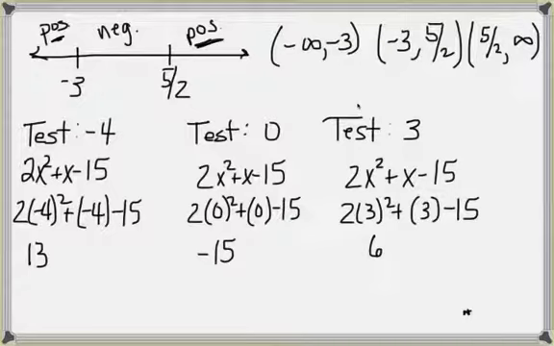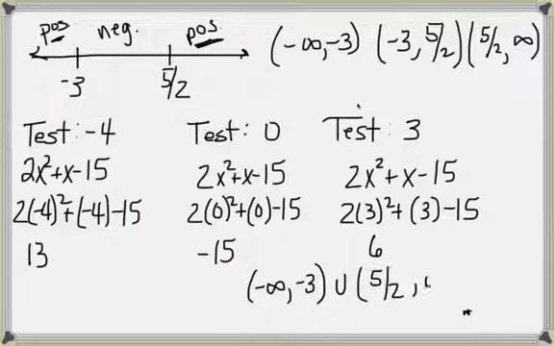So these are the intervals that I want to choose to be my solutions to this inequality. So we're going to write our solution in interval notation. It's going to go from negative infinity to negative 3, unioned with 5 halves to positive infinity. And that's it.